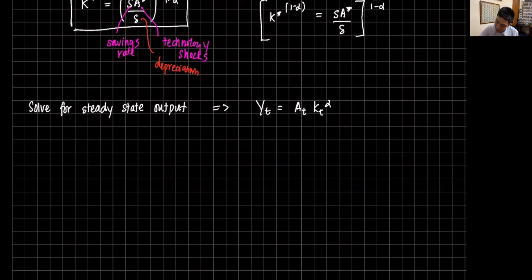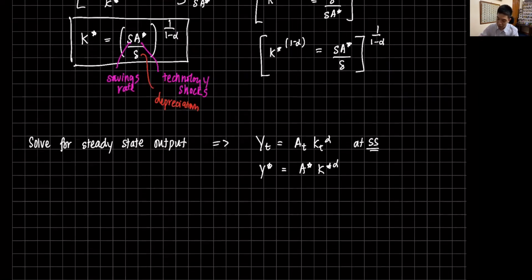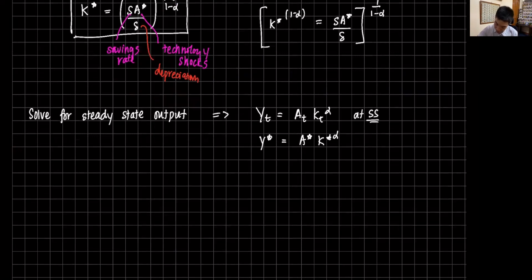But at the steady state, we get Y star, which is equal to A star times K star raised to alpha. But again, we already have K star. We solved for it. That's this one, S A star over delta raised to 1 over 1 minus alpha. So we can get Y star by just plugging that in.